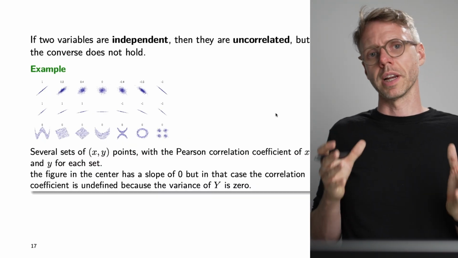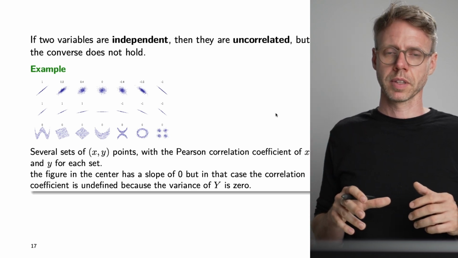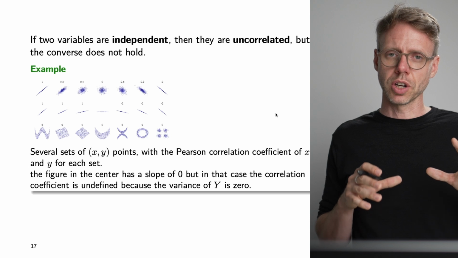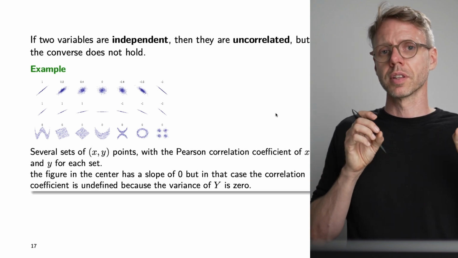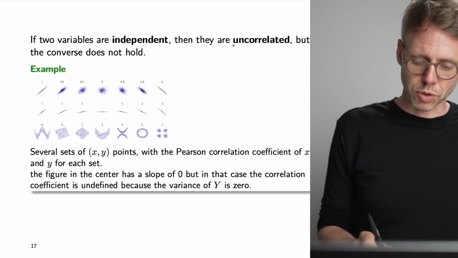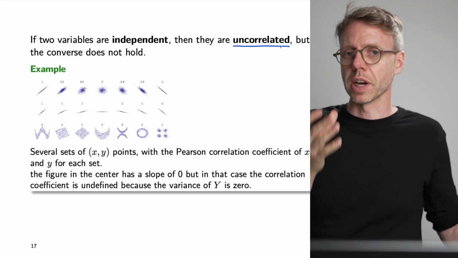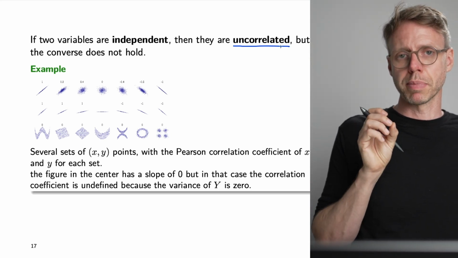We said that correlation tells us something about the linear relationship between two variables. As a result, correlation alone is not sufficient to tell us about all dependencies between x and y. And thus, two variables being uncorrelated, so their correlation being 0, is not enough to tell us that they're also independent of each other.